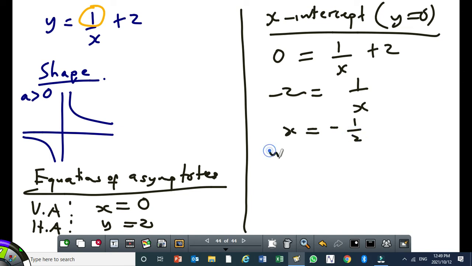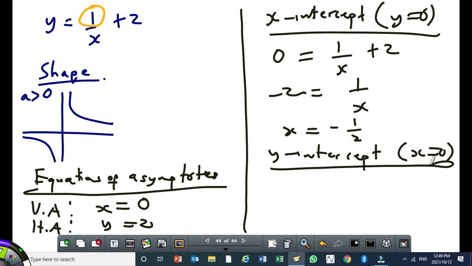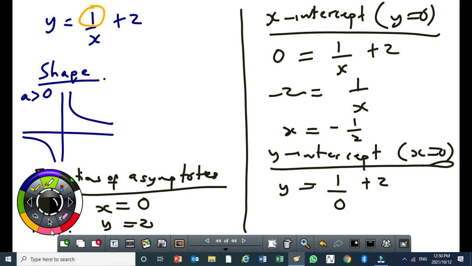Right? Then the y-intercept, since this is a grade 10 function, it doesn't exist. But let's prove that it doesn't exist, or there is no y-intercept. If I put x equal to 0 there, because of that, what is 1 over 0?